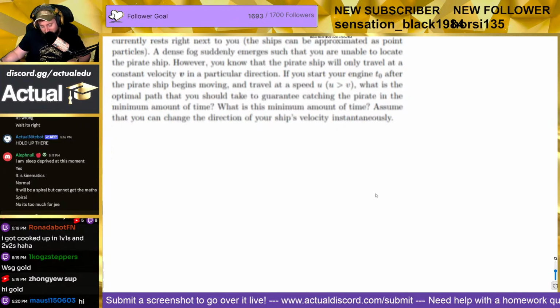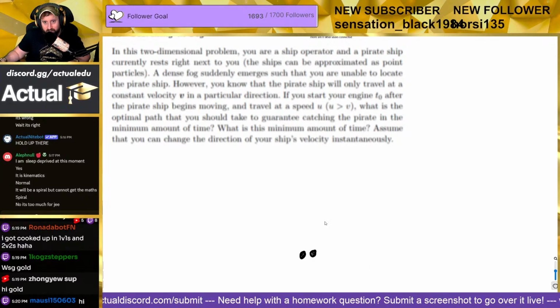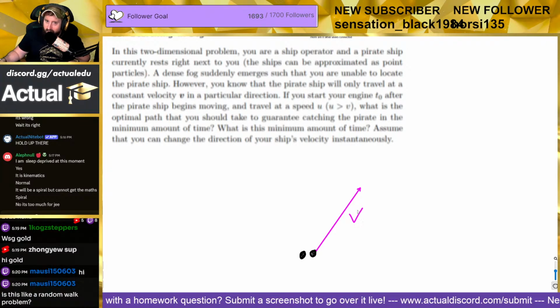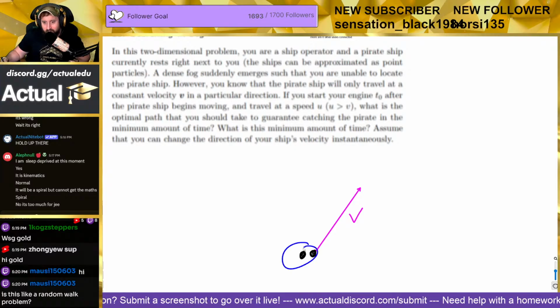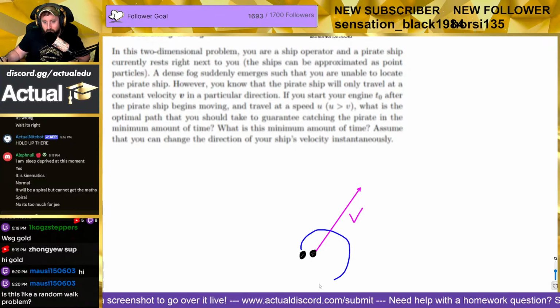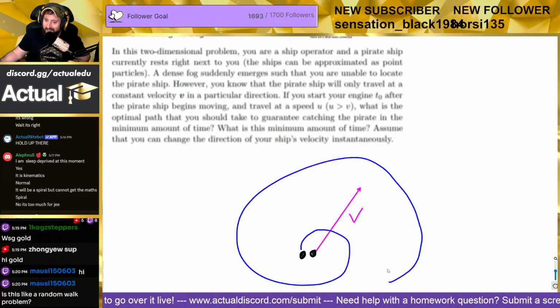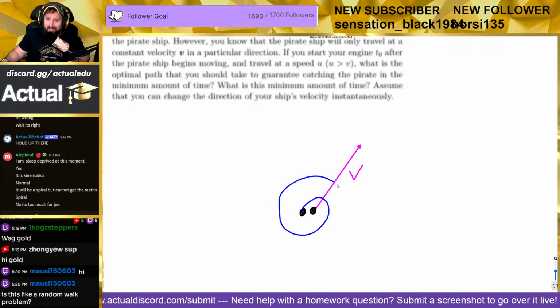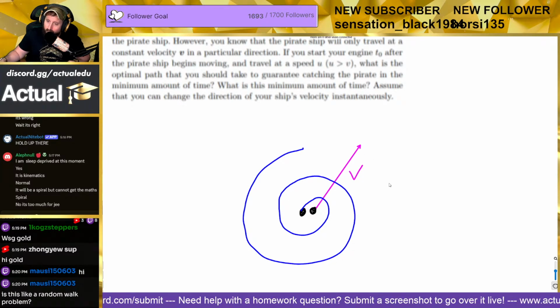Yeah, so I think I get the question, which is that this goes off in some random direction. So we don't really know. It is kind of like a random walk. And they're saying, what path should I take? Yeah, I agree. You should just keep doing this, because you have no clue which direction it went.